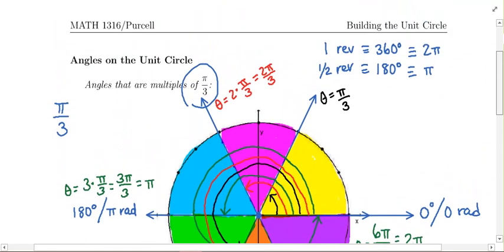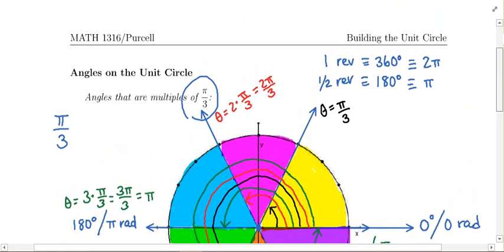So we could go back and look at the degree measures here. There's a couple of ways you can think about this. The first angle we made was pi over 3 radians. If you converted that to degrees, remember the conversion factor? If you're trying to get radians to go away, you put radians in the bottom and degrees in the top. We know that 180 degrees is the same thing as pi radians.